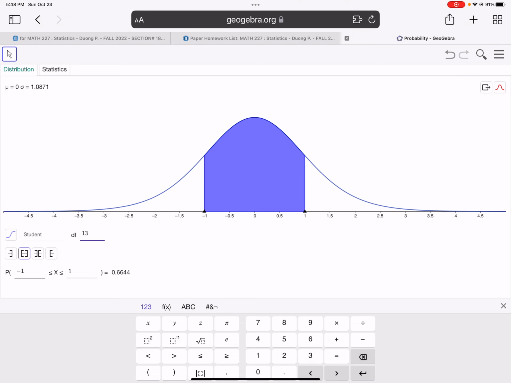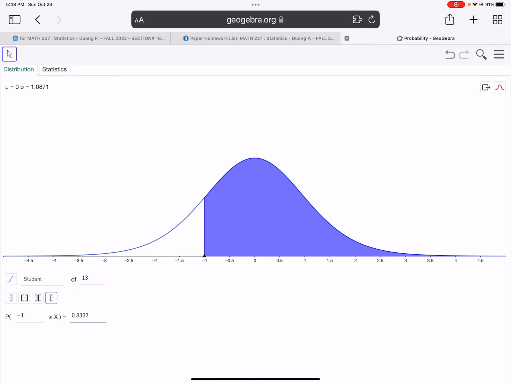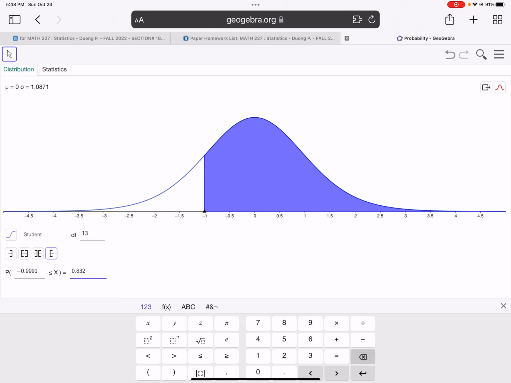So you go to the GeoGebra, and then we choose the T, the student distribution. We do 13. We do the right tail, and we will input 0.005.